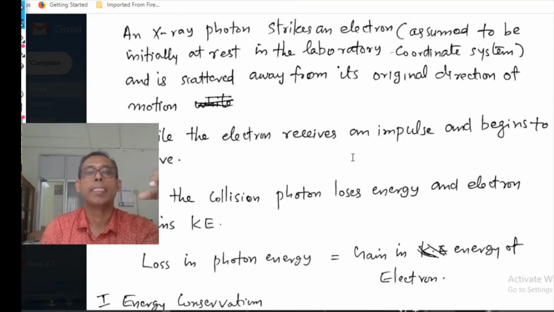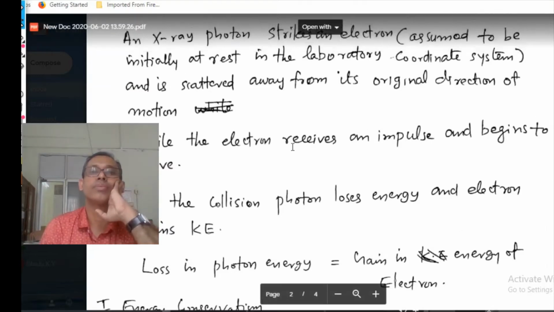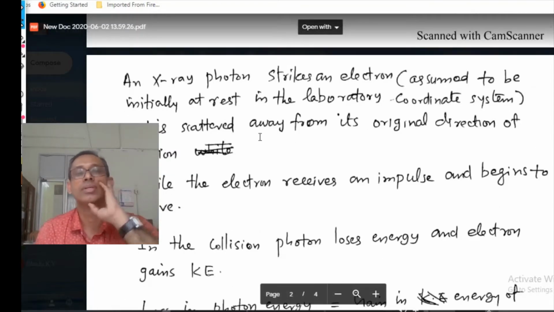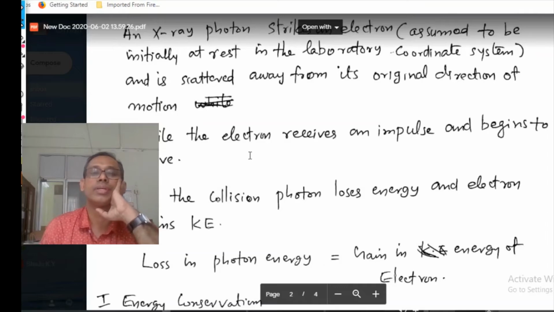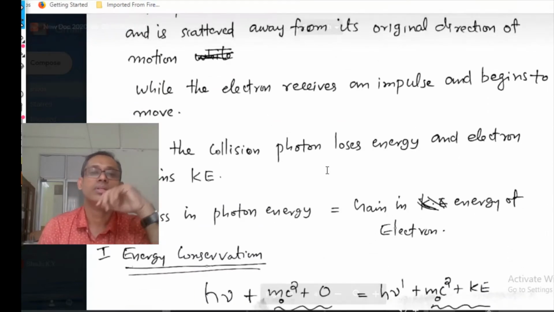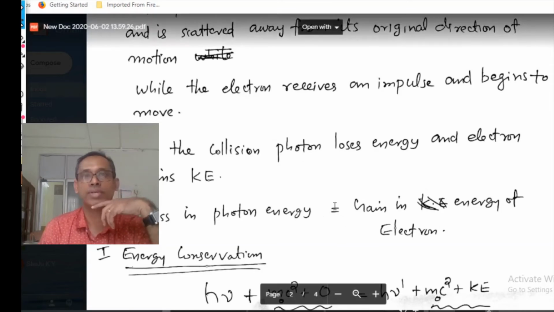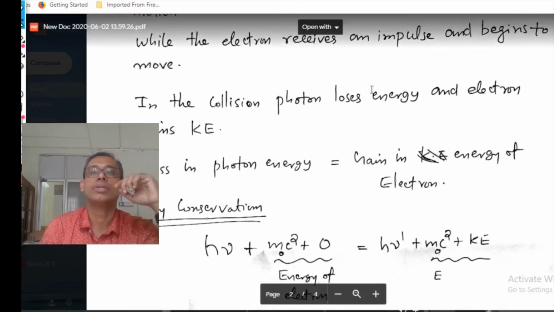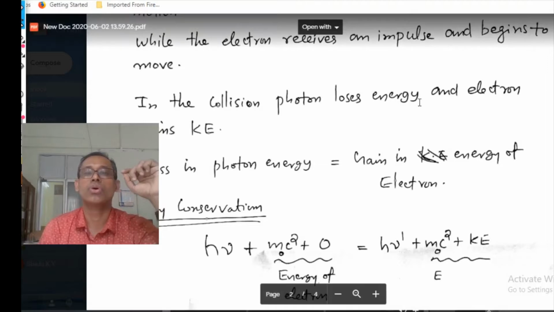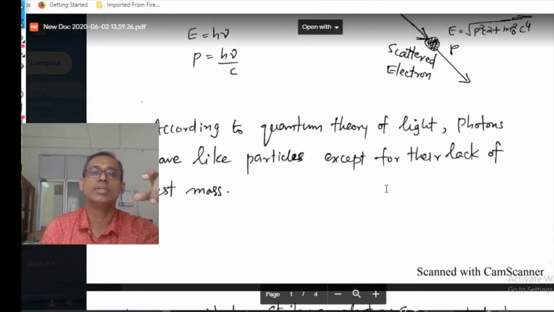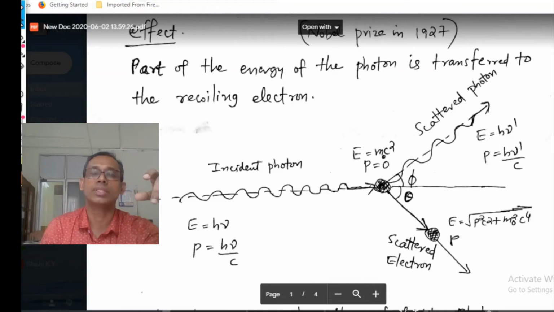Here the X-ray photon strikes the electron and it is scattered. The electron receives an impulse and it begins to move. Now we are using the law of conservation of energy. In the collision, the photon loses energy and the electron gains kinetic energy. Initially, the electron is at rest.